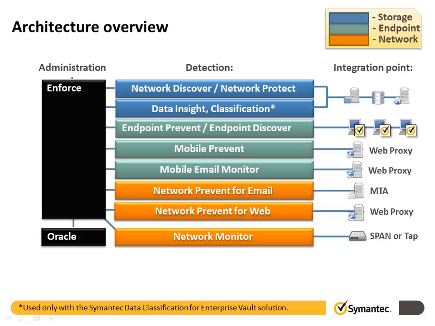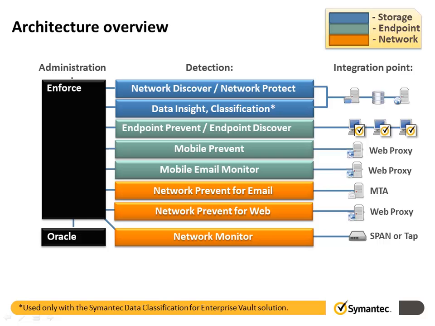Next we have our endpoint features, or data in use features. So the first detection server here deals with Endpoint Prevent and Endpoint Discover. Now these two features require an agent to be installed onto each endpoint which is to be protected with Symantec data loss prevention.